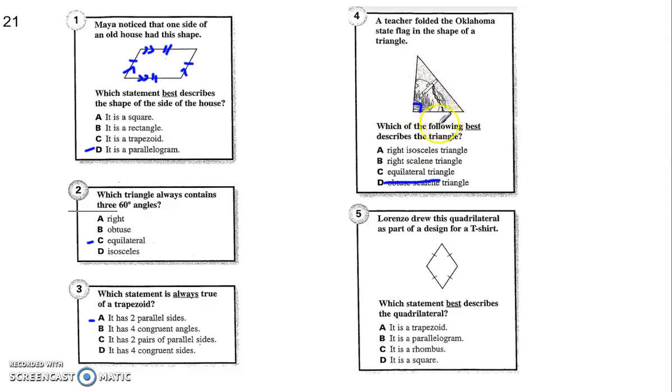It's not an equilateral triangle, because they're obviously not all the same. These two both say right, so this has to be a right angle. So we're just deciding, is this a right isosceles or a right scalene? Isosceles would mean that these two sides are the same length, which they are not. So it is a right scalene triangle.